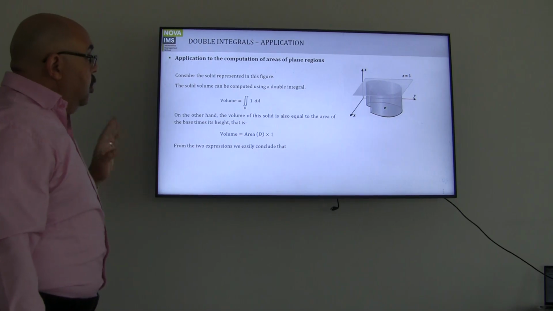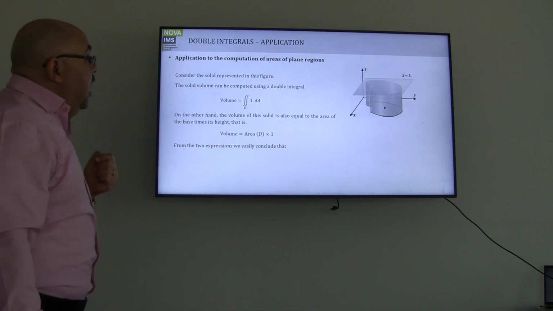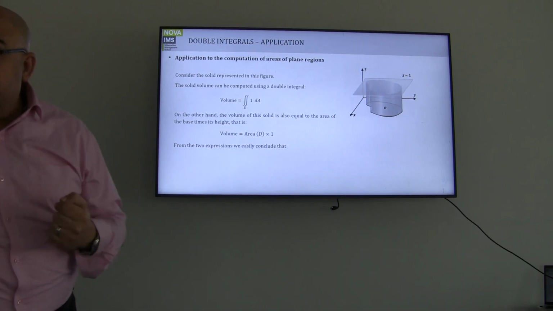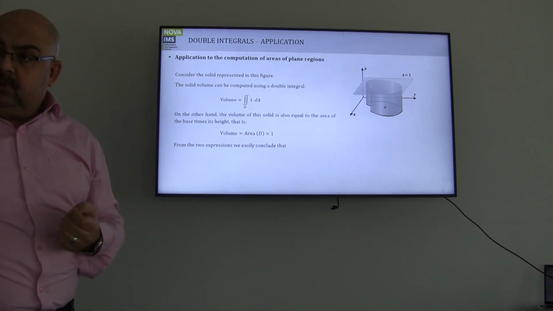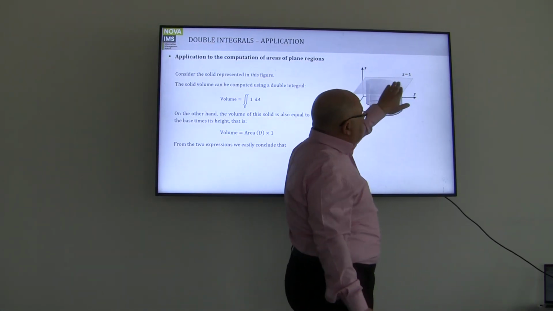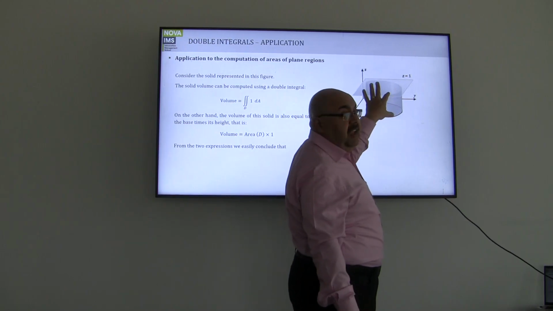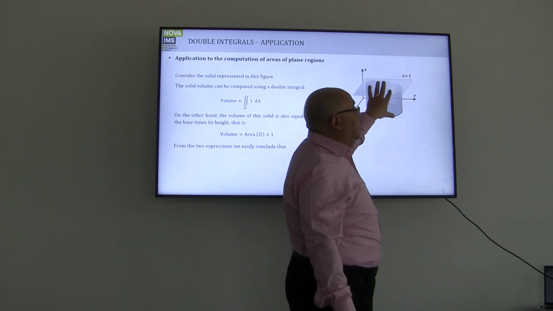The volume of integration, or what we are doing, is evaluating the volume of a solid. That's exactly what we are doing. You are integrating a certain function on a certain region. So you are getting the area or the volume under the curve.